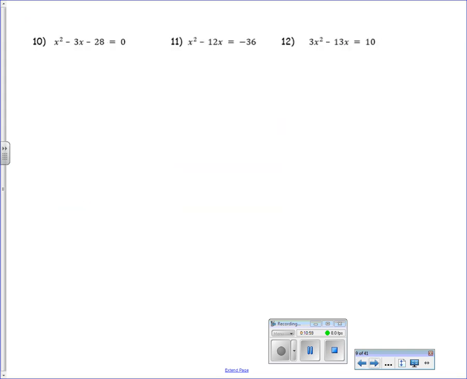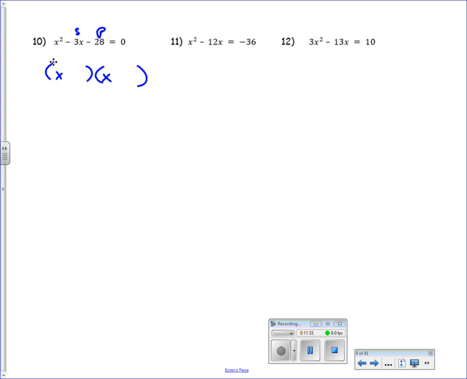Now, for number 10, we don't have a GCF. It's a trinomial. And so the next thing we would check for is to see if 28 is a perfect square. But it's not. So what we would do with this particular one is play what I call the number game. So this is going to be my product. This is going to be my sum. Each one gets an x because we have to divide it evenly. And so we think, what two numbers multiply to negative 28 and add to negative 3? That's when you start really needing to know your multiplication tables.